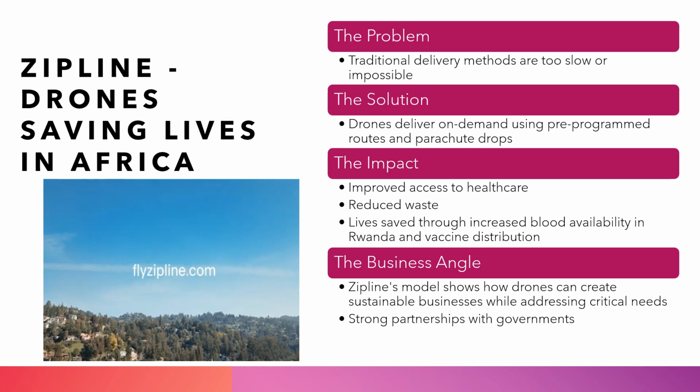Imagine trying to get a blood transfusion to someone in a rural village with bad roads. Zipline can do it in under 45 minutes. Zipline's model shows how drones can create sustainable businesses while addressing critical needs. They have built strong partnerships with governments and proven they can scale up.